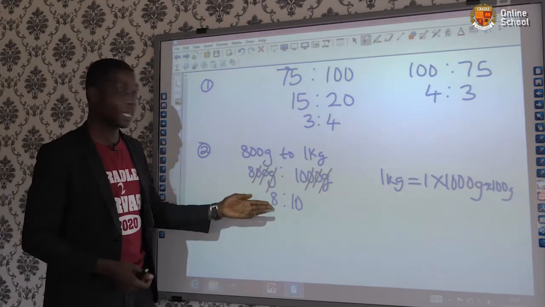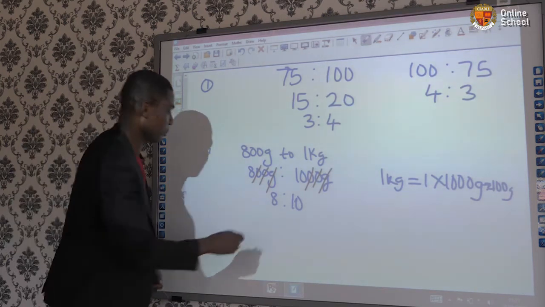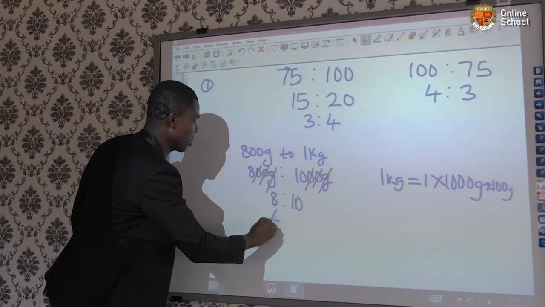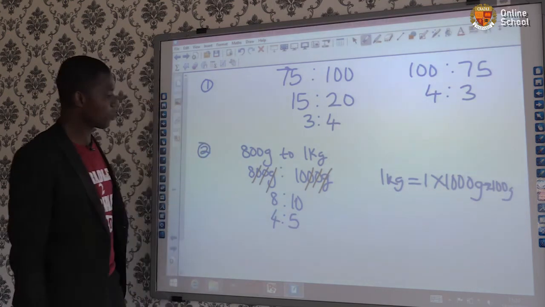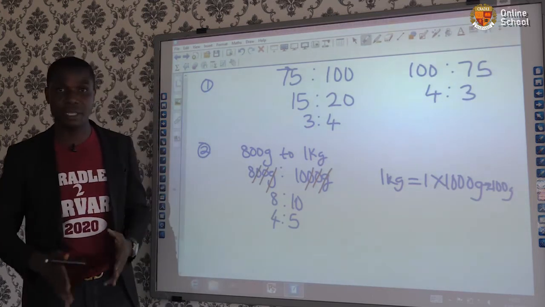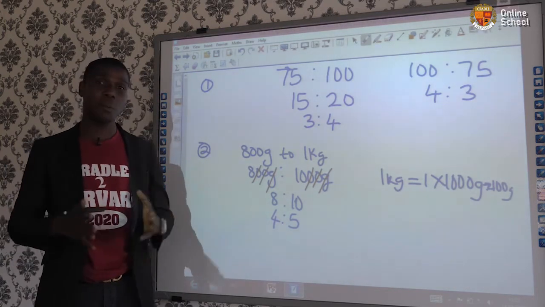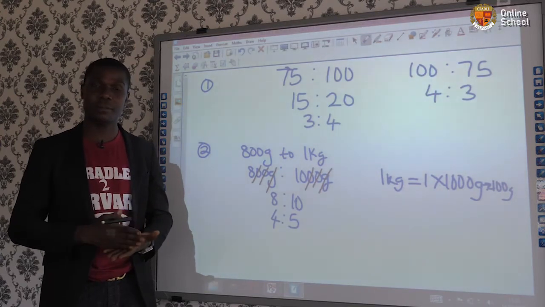Now you can divide by 2. This is 4 ratio 5. In ratios, you are not expected to put units anymore because the units must be homogeneous. They must cancel themselves. Are you with me?